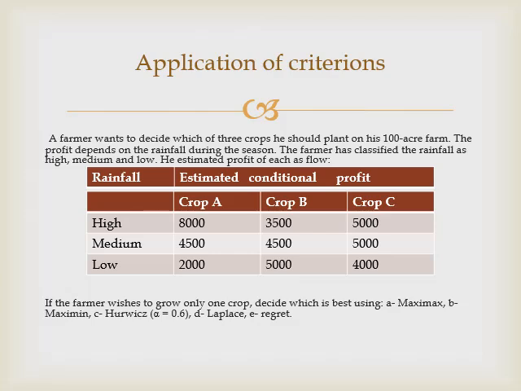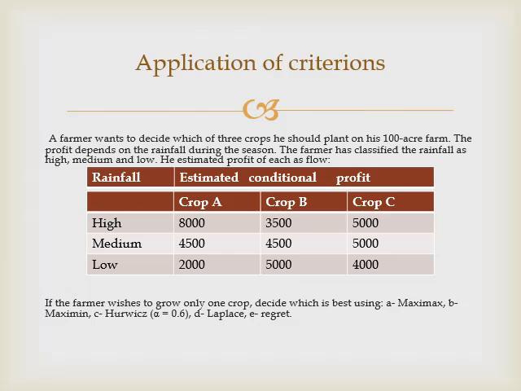When the rain is high, the expected profit of crop A is $8,000, of crop B is 3,500, and of crop C is $5,100.